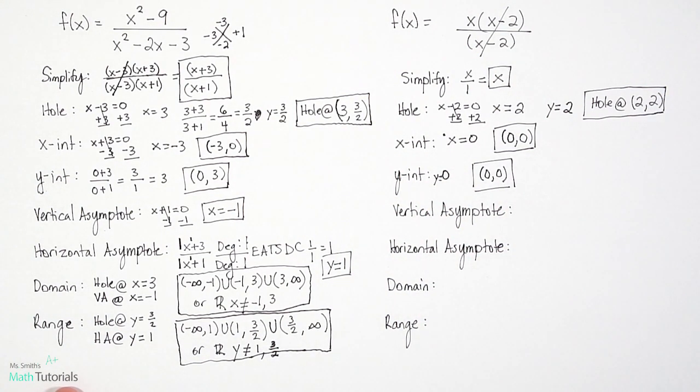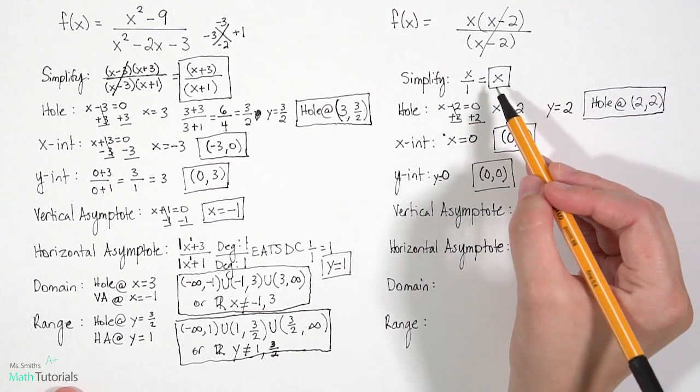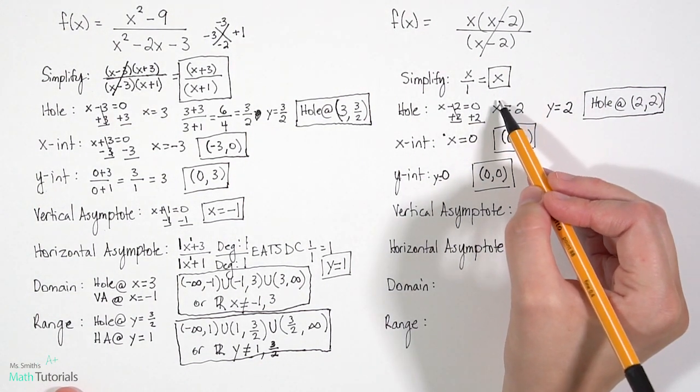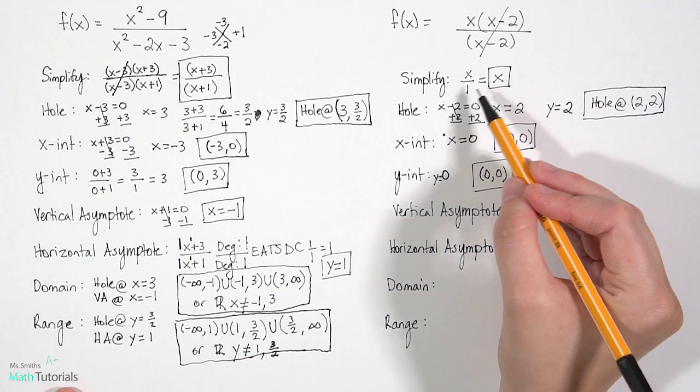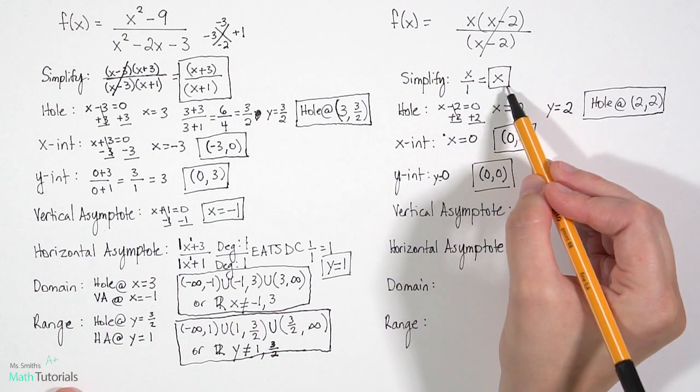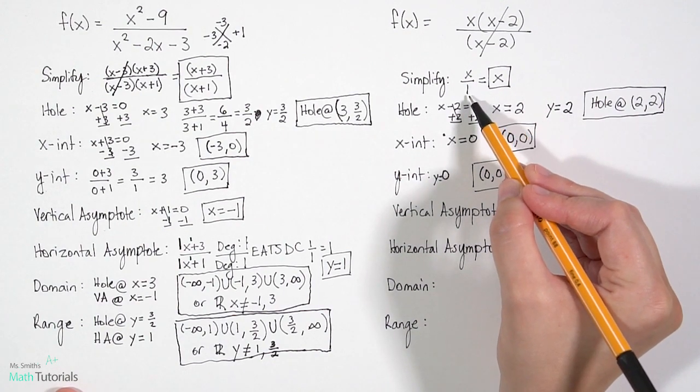For our vertical asymptote, remember we set remaining factors in the denominator equal to 0, and then we solve. Now this could be a little tricky because you might look at that and think there is no denominator. How would I do that? Well, technically there is a denominator. It's 1, right? If I had to give this a denominator, I could put it over 1.